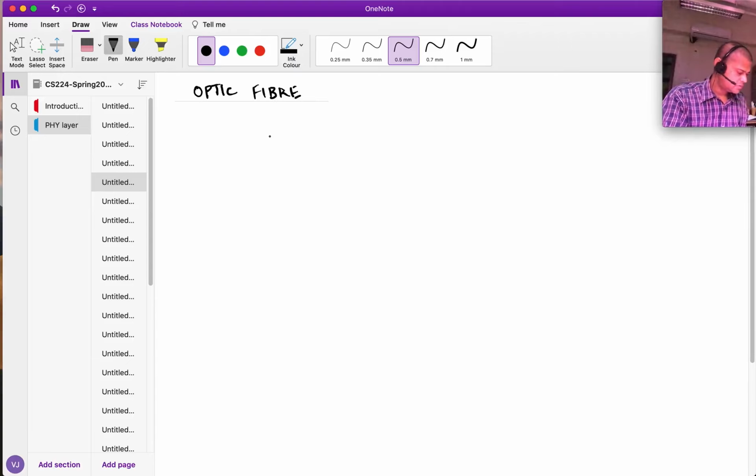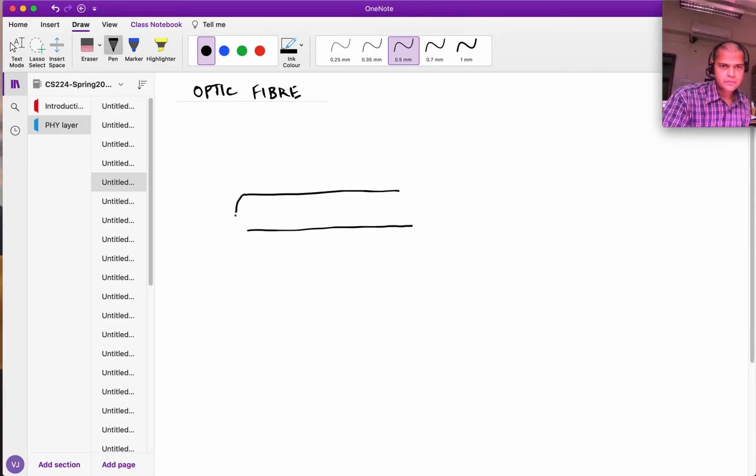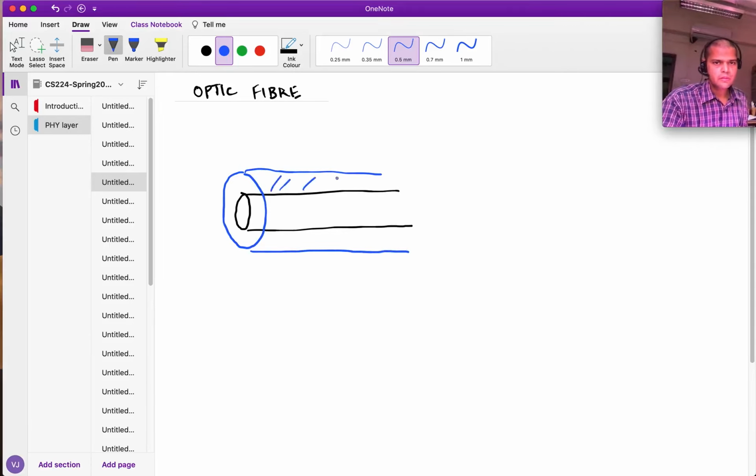So how does this work? So you have in an optic fiber, this is the inner part of the optic fiber, and you have another material outside. Okay.